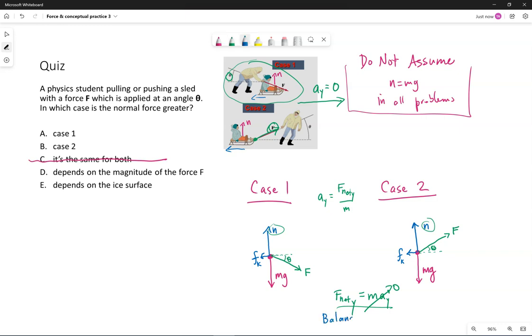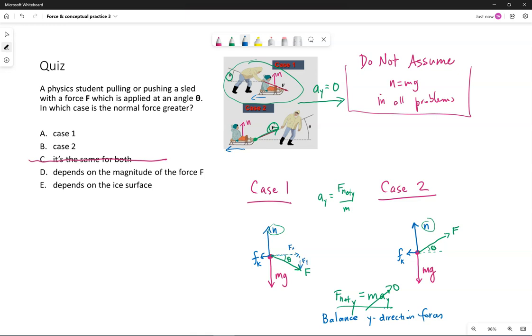Balance y direction forces is what we're looking at. So ignore case 2 for just a second. Let's look at case 1. In case 1, we have this pushing force that has an x component and a y component.